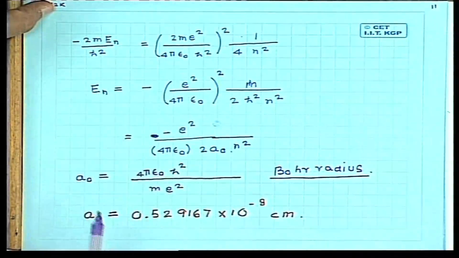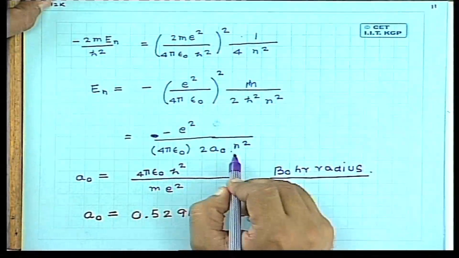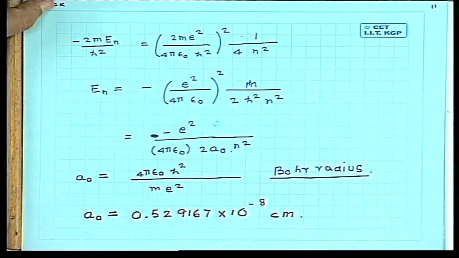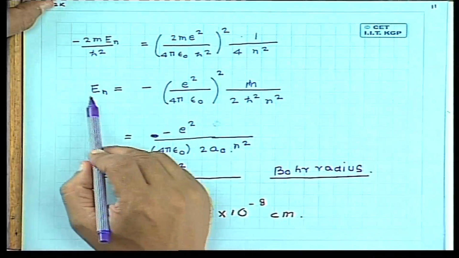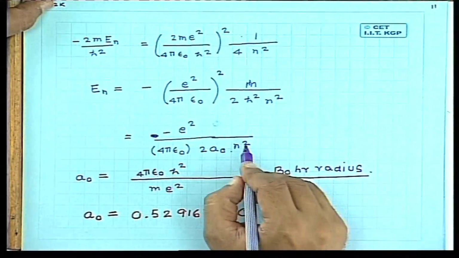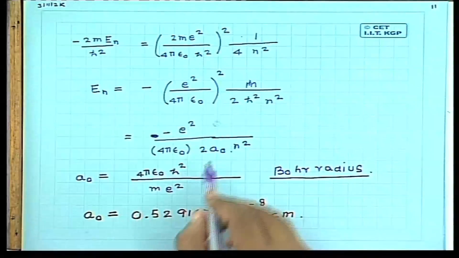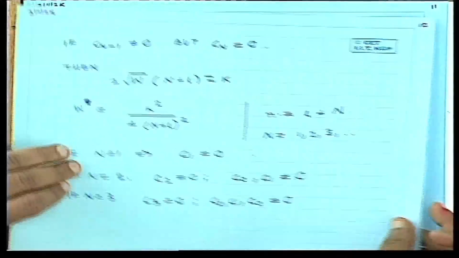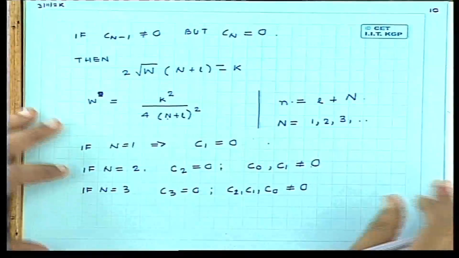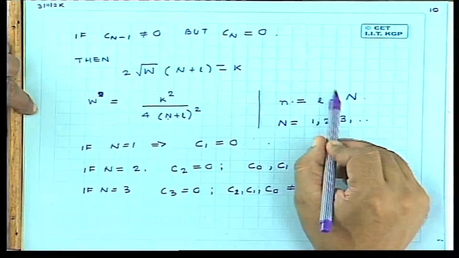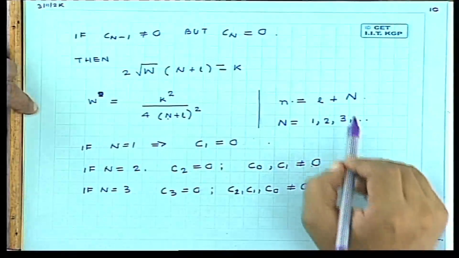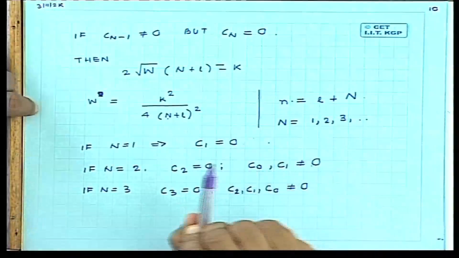So the energy levels of the hydrogen atom, we found, could be expressed in terms of one integer n, and the energy levels were proportional to 1 by n squared. This was the first feature which we found in the last class. This small n over here was related to the L, the angular momentum eigenvalue, and the number capital N over here.